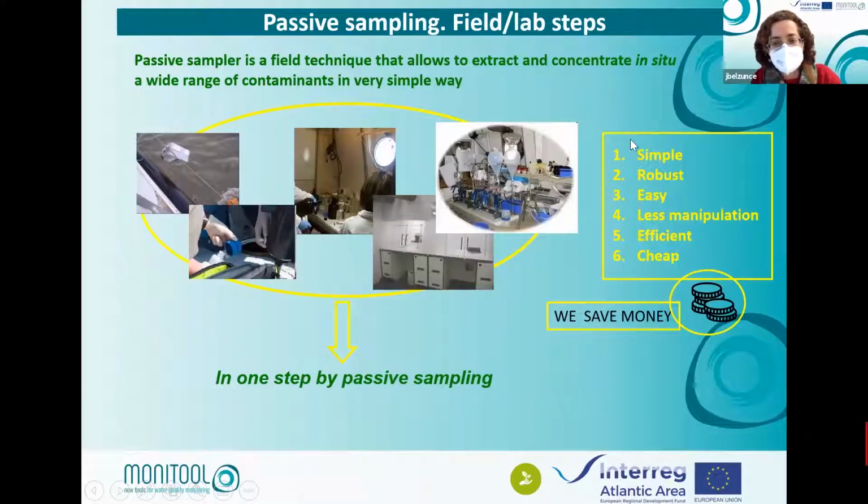So it means that with passive samplers we have very simple techniques, robust, easy to manipulate. We need less manipulation of samples, and they are efficient techniques and cheap. Because of all of that, we save money with these techniques.